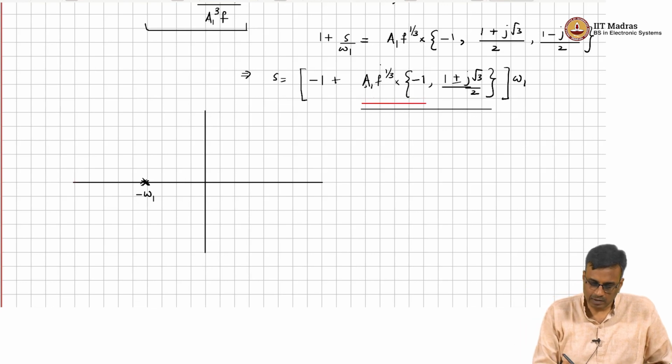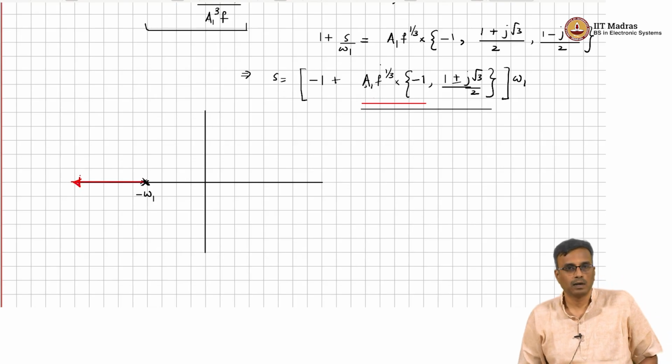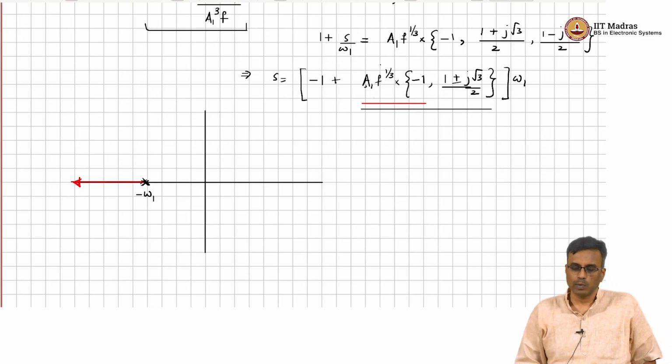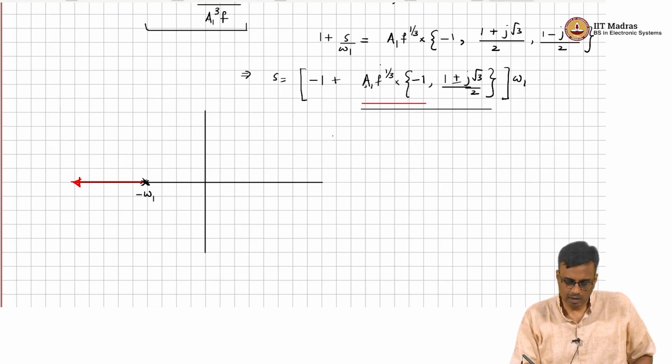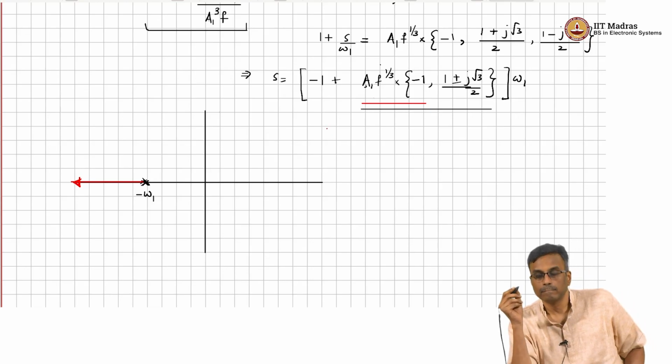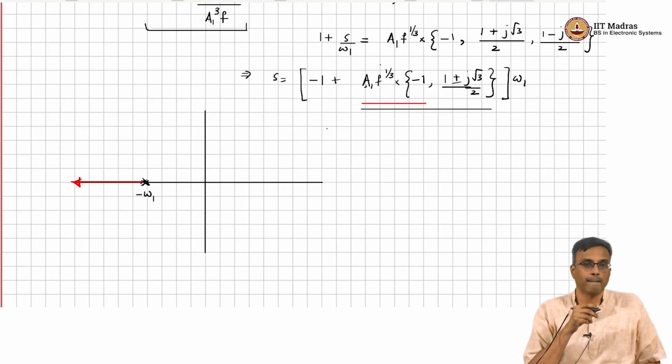So, this is standard root locus plots, so one path will go in this direction, correct. What about the other 2? They will be, what is the angle?